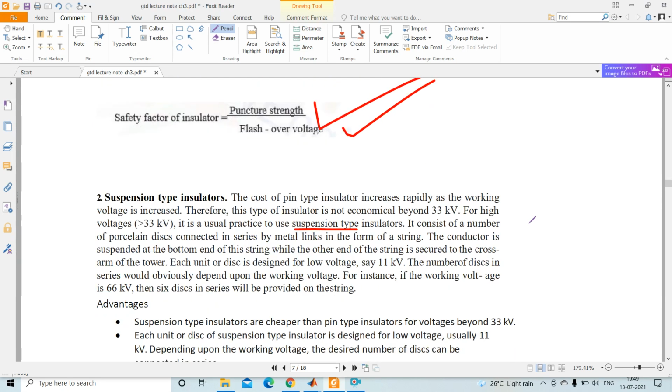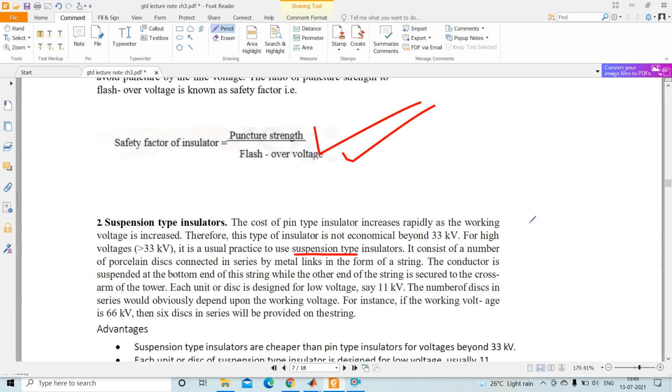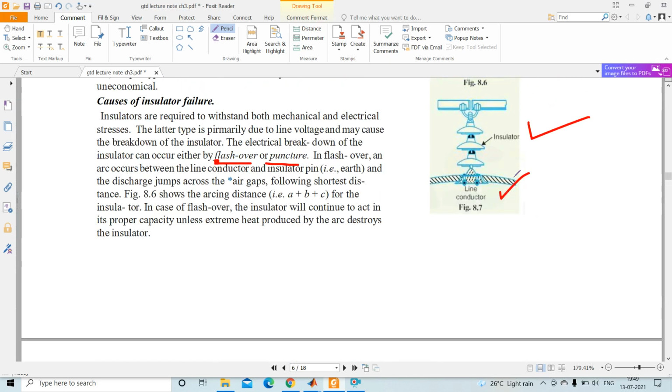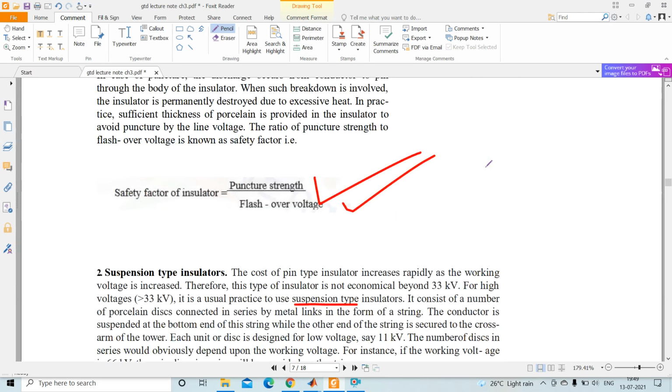That means, see, it consists of a number of porcelain discs. This is one disc, this is second disc, this is third disc. Each disc can withstand up to 11 kV voltage. So if we have 66 kV, then we need 6 discs connected in series to form one string.